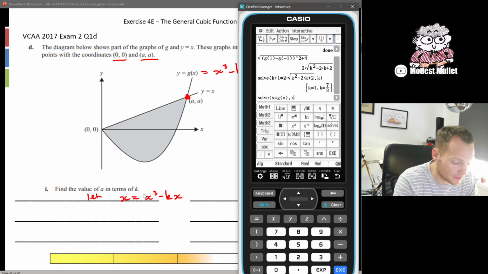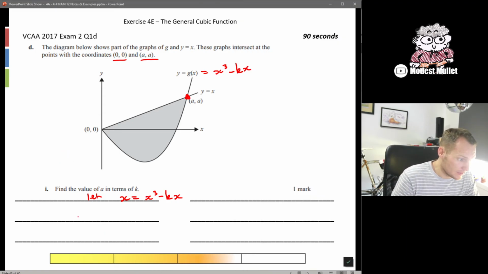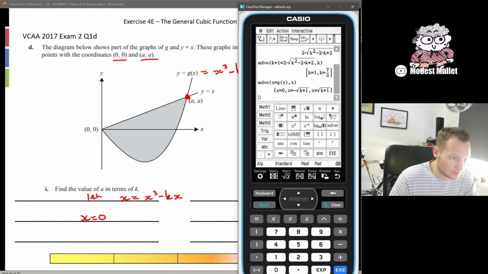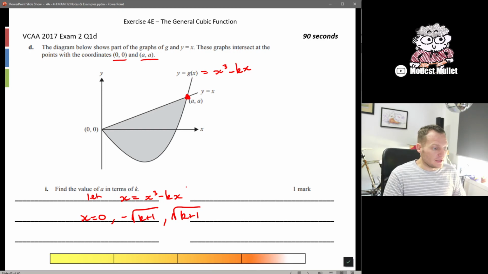So we're trying to figure out what x is, and close that, and we get x equals 0, negative square root k plus 1, and also square root k plus 1. So those are the values of where the intersections are.